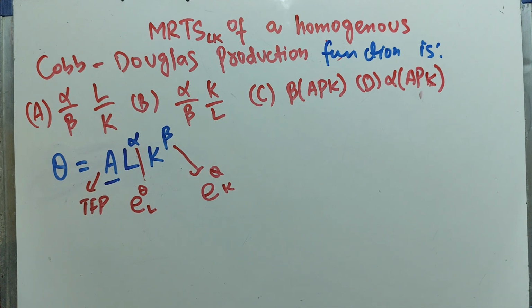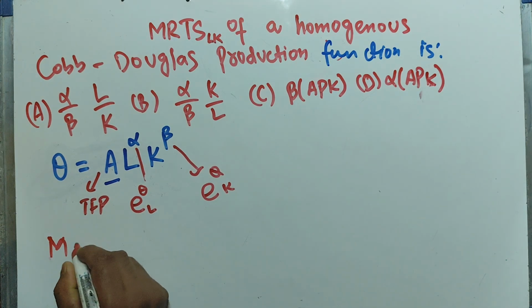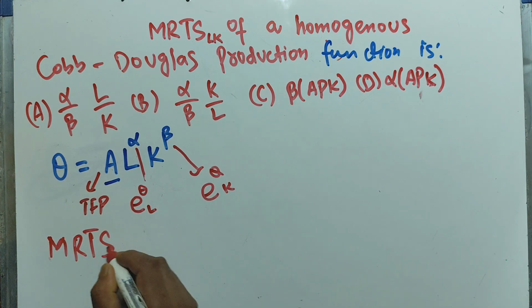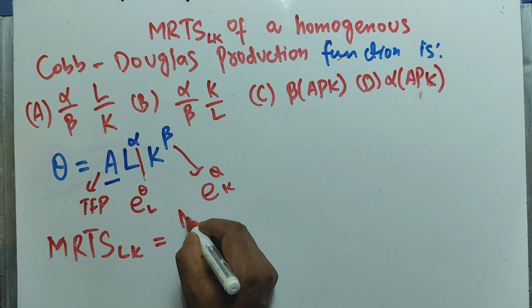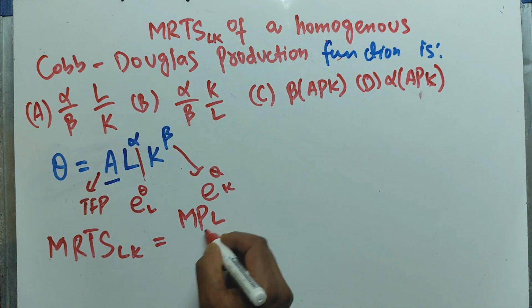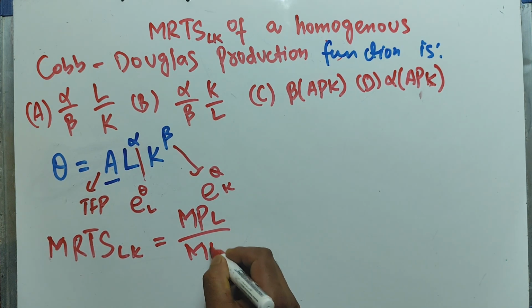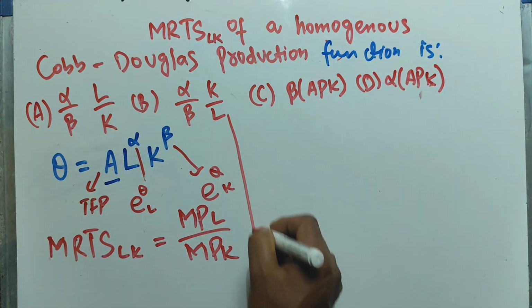Now to find out the MRTS, that is marginal rate of technical substitution between labor and capital, it is simply equal to the ratio of the marginal product of labor and marginal product of capital.